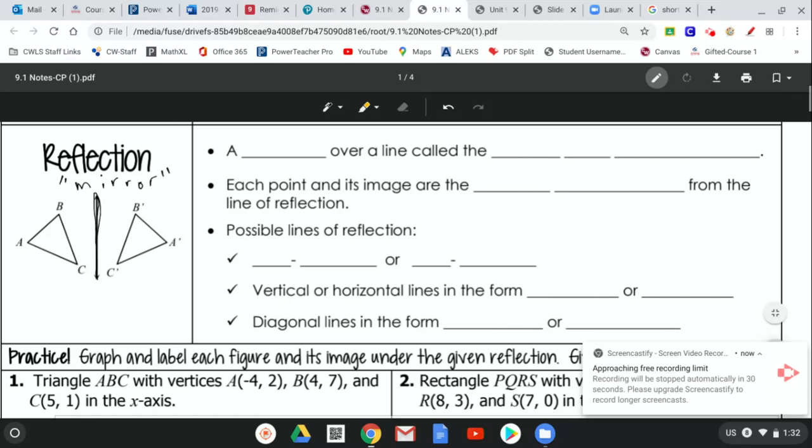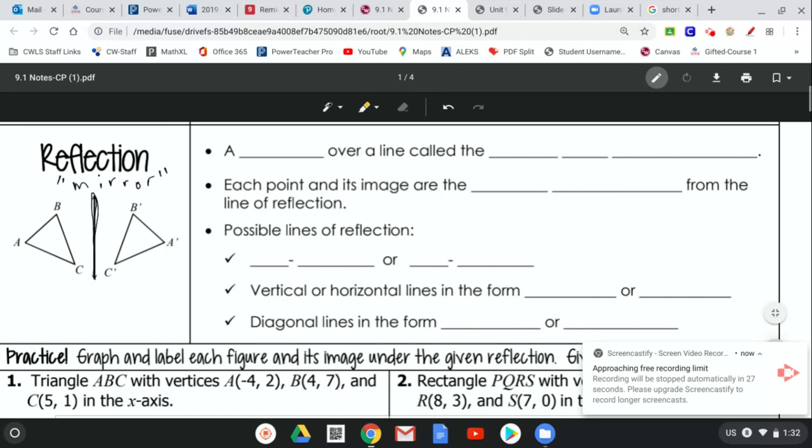And these little apostrophes, we denote it as prime. It's a way to say it relates to this figure triangle ABC in some way, and it got moved in some way, so that's why we're renaming it, okay?